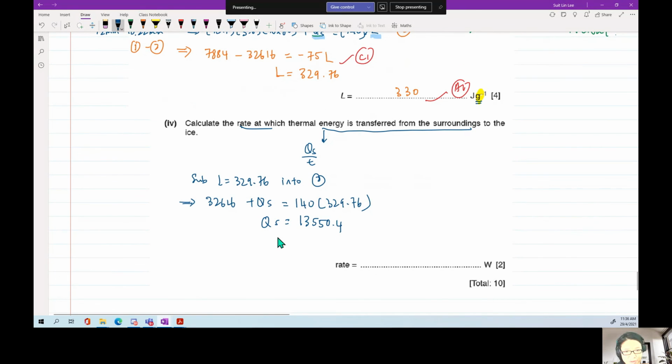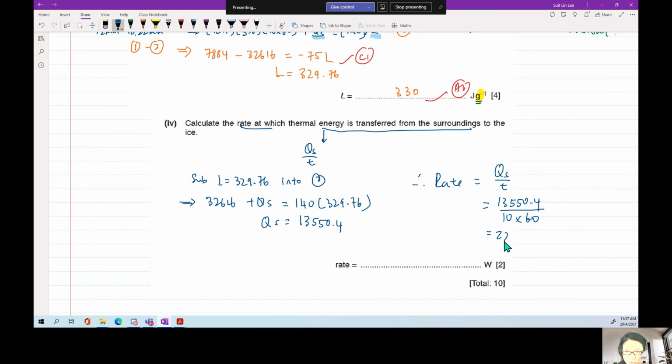But you need to divide by time, right? So hence the rate is equal to QS over T. So 13550.4. The time is 10 minutes, 60 for a second, so divide by 600.